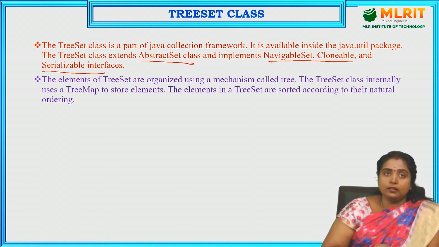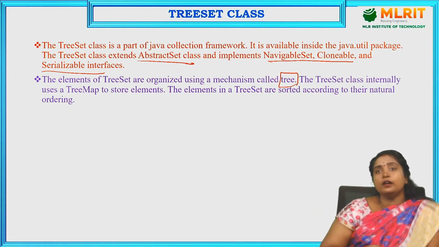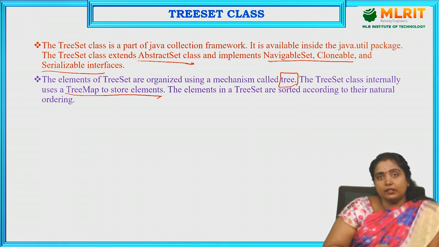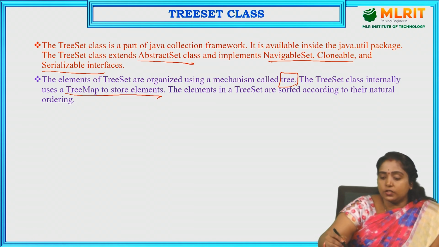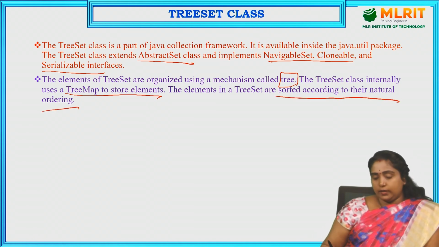The elements of a TreeSet are organized using a mechanism called a tree. The TreeSet class internally uses a TreeMap to store elements, and the elements in the TreeSet are sorted, which is an important point, according to the natural ordering.